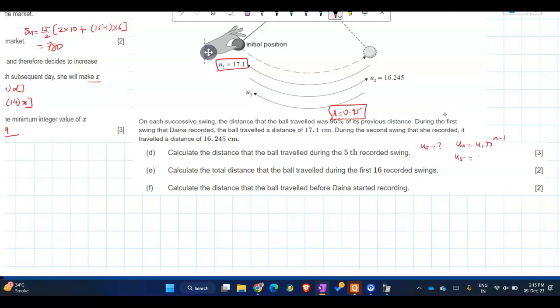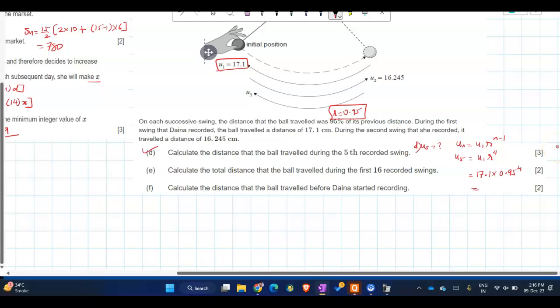So U5 is equal to U1 r raised to 4, since 5 minus 1 is 4. So 17.1 into 0.95 raised to 4. Work that out. 13.9. So that's your part B. 13.9 centimeters is the distance traveled.